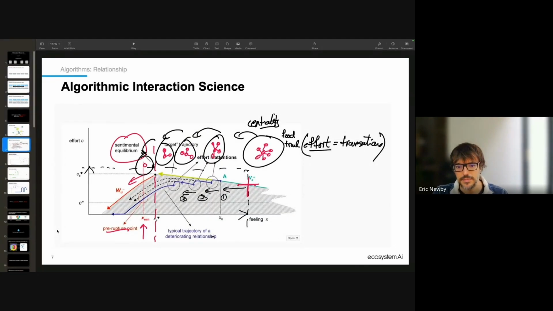The second one is around sentimental equilibrium and relationship dynamics. It's based on a paper about human, particularly marital, relationships and how those deteriorate or not over time.